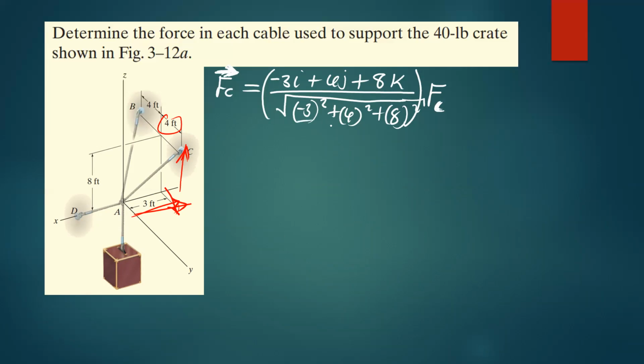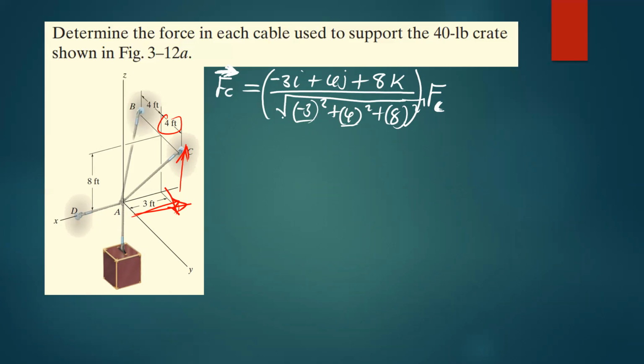Under the root, 9 plus 16 is 25, and 25 plus 64 is 89.